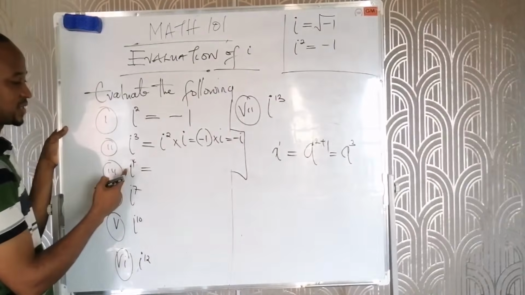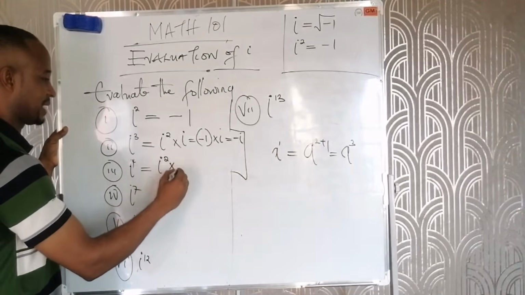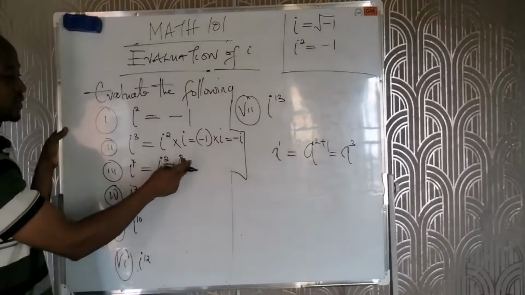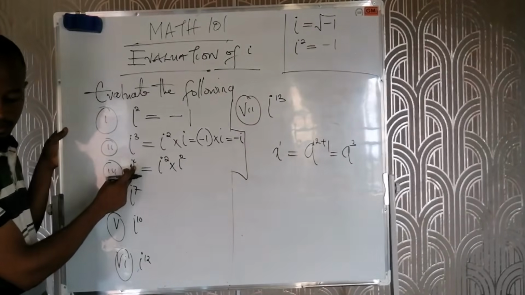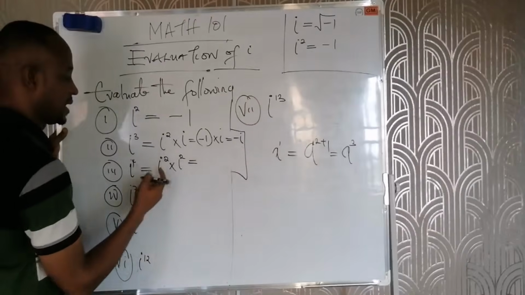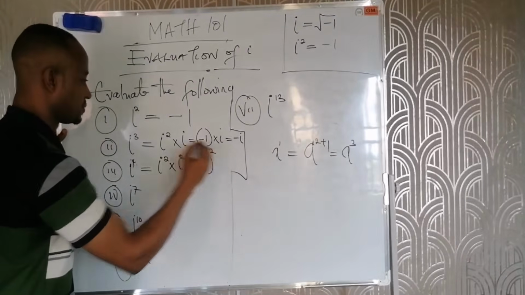Then for that of i raised power 4, i raised power 4 can be expressed as i squared times i squared, right? Because 2 plus 2 is 4. So for here, we can say this will give us i squared raised power 2.